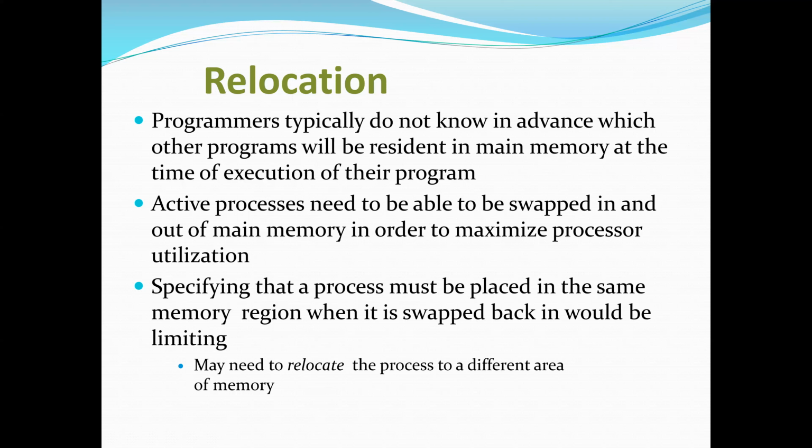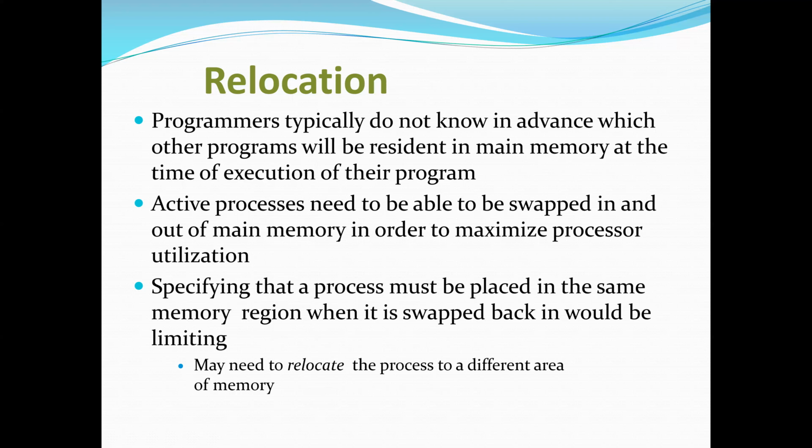So active processes need to be able to be swapped in and out of memory in order to maximize processor utilization. Specifying that a process must be placed in the same memory region when it is swapped back in would be very difficult and limiting. So we may need to relocate the process to a different area of memory.